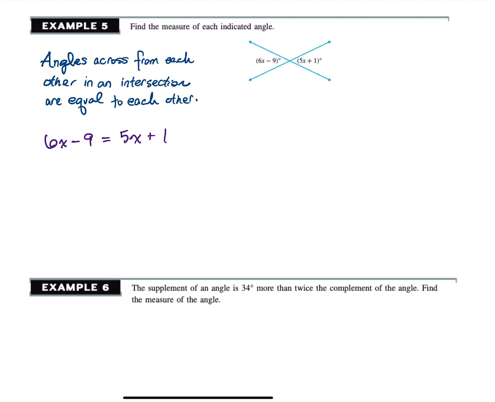So it's positive on the right side, so I'll subtract it from both sides. 6x minus 5x, that'll just give 1 left over. So x minus 9 equals 1. Now let's add the 9 to both sides. So that will give me x equals 10, 9 plus 1.